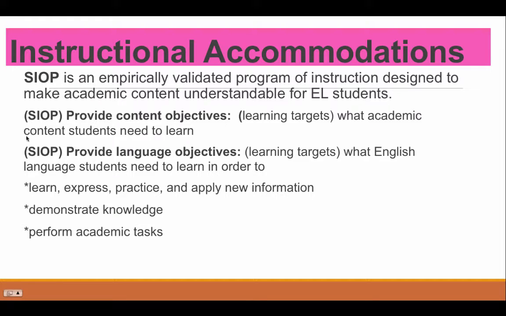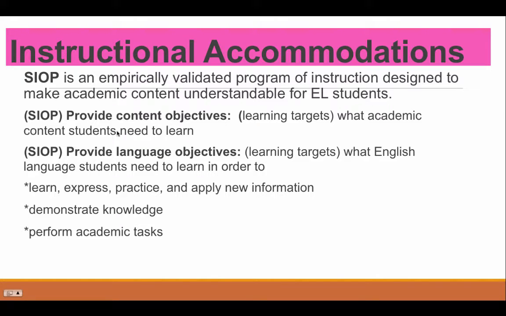The second SIOP accommodation is to provide a language objective. This is very important and very connected to the Can Do standards. A language objective tells what English language students need to learn in order to accomplish the learning target or the content objective.